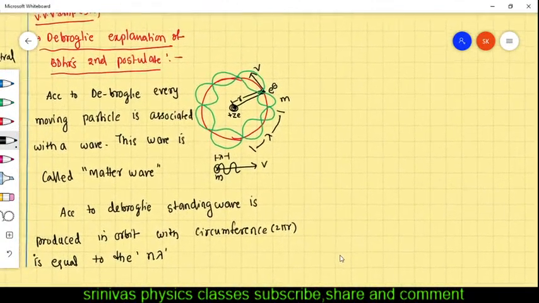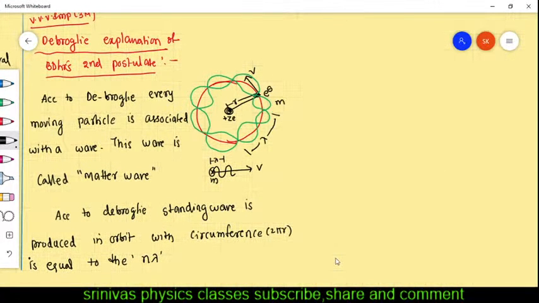Let us continue it here. You see this picture. What we're telling here, for example, in this wave, the electron is moving in the orbit, and with that one wave is associated, that is a stationary wave.